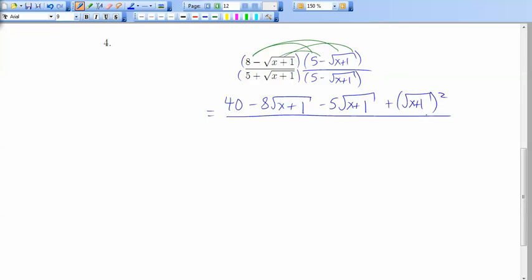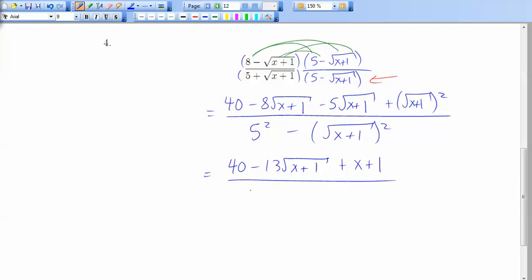But better yet, in the denominator, here we see we have a difference of squares. So I can rewrite this as 5 squared minus root x plus 1 squared. Now in the numerator, if we start simplifying, we've got 40 minus 13 root x plus 1. Those are like terms. And then root x plus 1 squared is x plus 1.